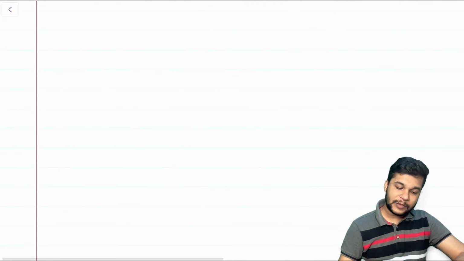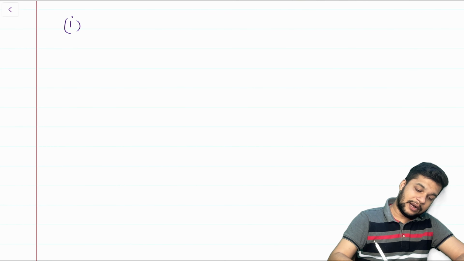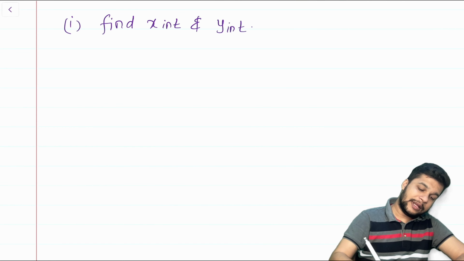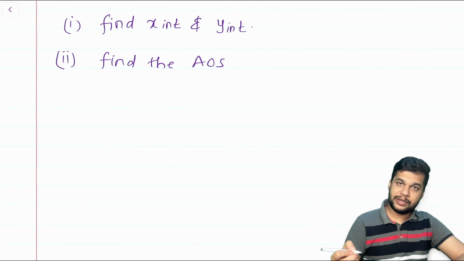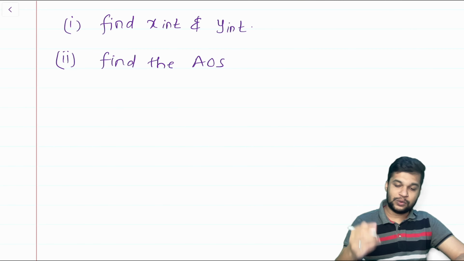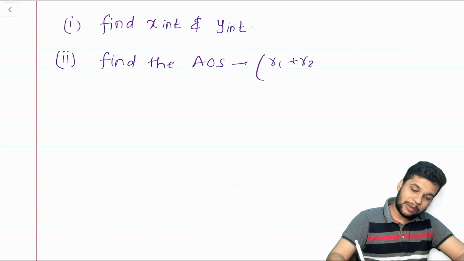So let us summarize how to draw the graph using the intercept method. Step number 1, find x-intercept and y-intercept. Step number 2 is find the axis of symmetry, which is x1 plus x2 by 2, or whatever your roots are, r1 plus r2 by 2.